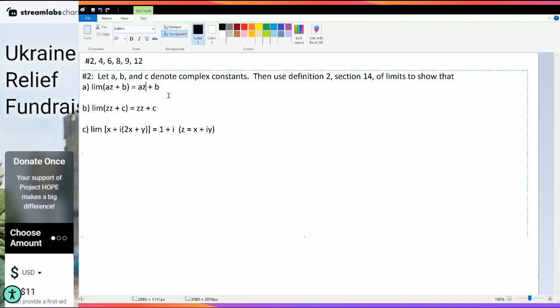And we will write the constants down now. And we can go z approaches z naught here.